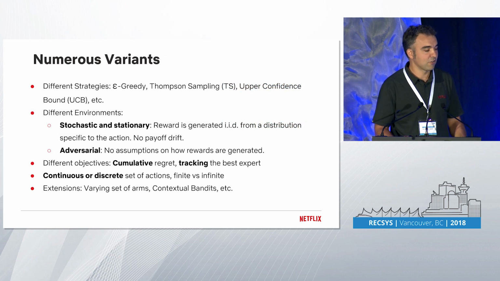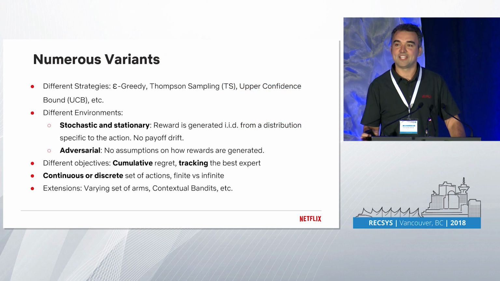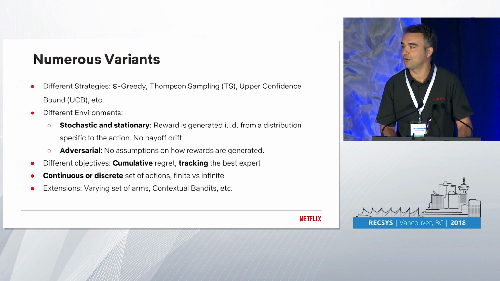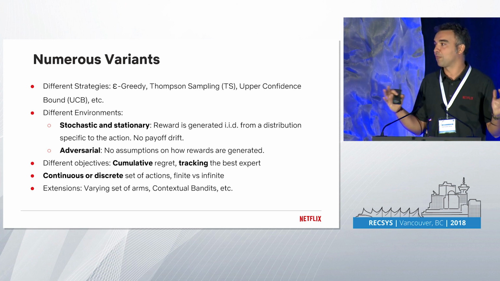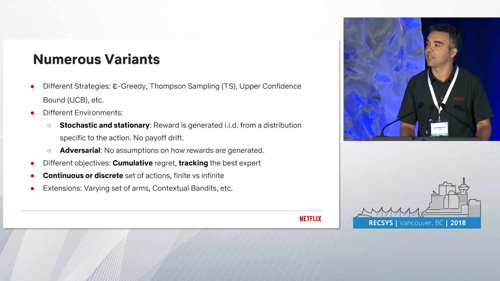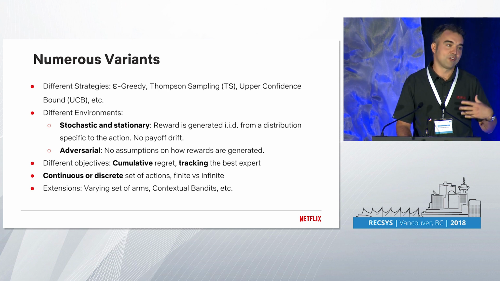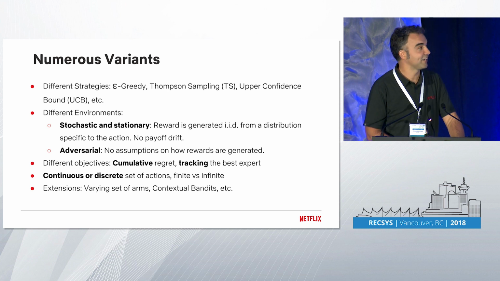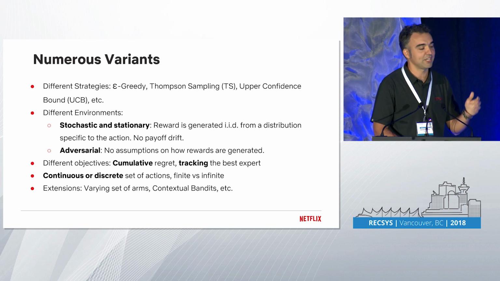And so this talk is not going to explain all the literature of multi-arm bandits or any groundbreaking thing. It's just a cool application at large scale of that framework. You can read about it, basically for years. So there are different strategies like epsilon greedy, Thompson sampling.